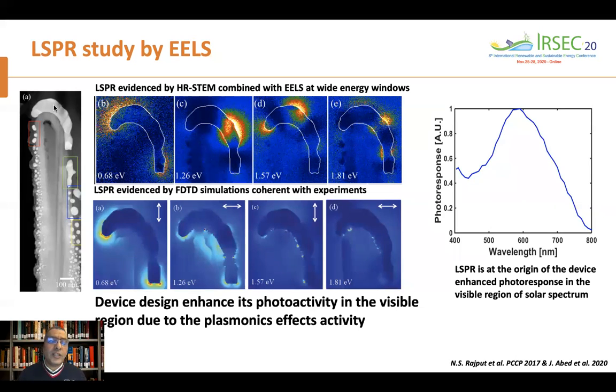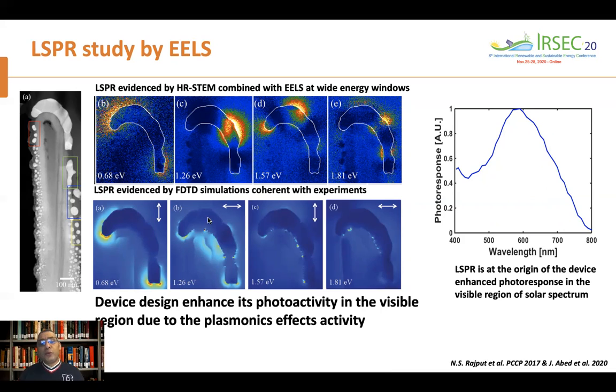And here is the shape of our device, and you can see that in different energy windows, we were able to trigger this LSPR at different positions of our fish hook-like structures, showing that our design is efficient because it triggered LSPR at different energy windows, which is coherent with the photoresponse in the visible region.